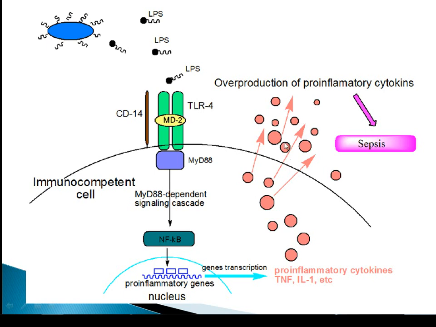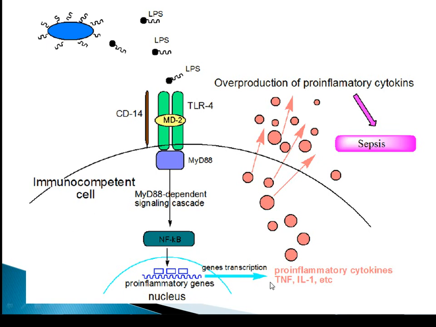So when the toll-like receptor is activated, it activates second molecules, for example MyD88, that will activate nuclear factor kappa B, and in turn it will activate genes that provide production of pro-inflammatory genes.